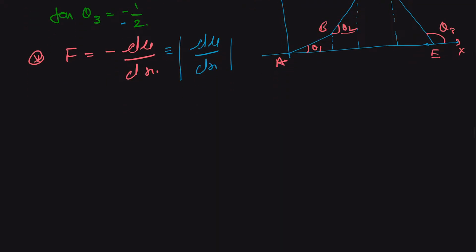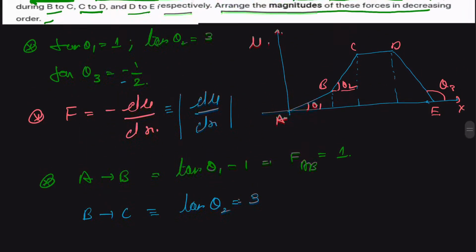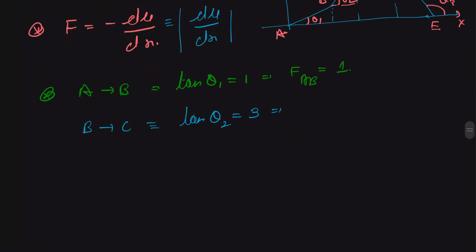So let us define the regions. From A to B, we are given that tangent of theta 1 is equal to 1. Therefore, we can say that force FAB is equal to 1. Then from B to C, we are given that tangent of theta 2 is equal to 3, and therefore FBC, we are interested in magnitude only, is equal to 3.